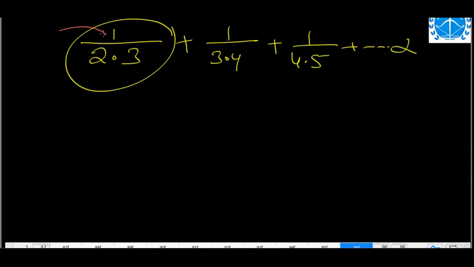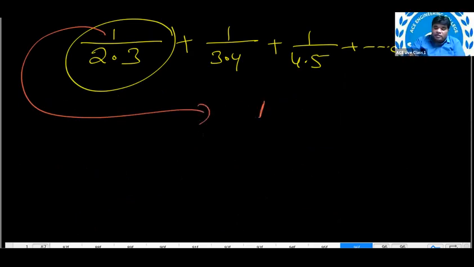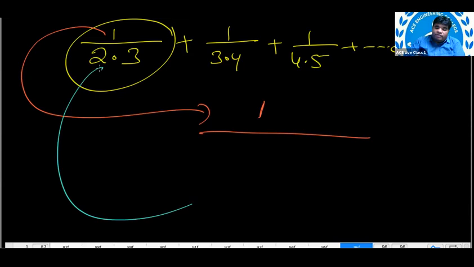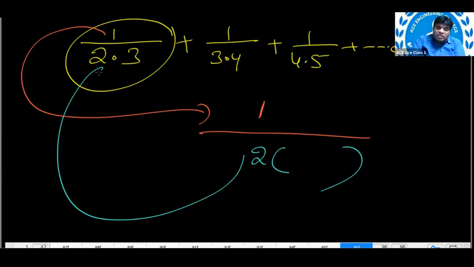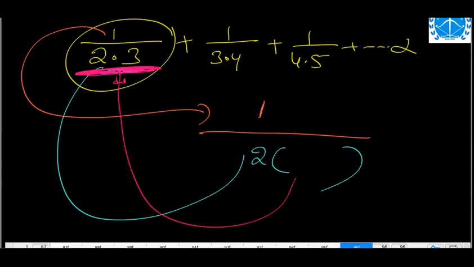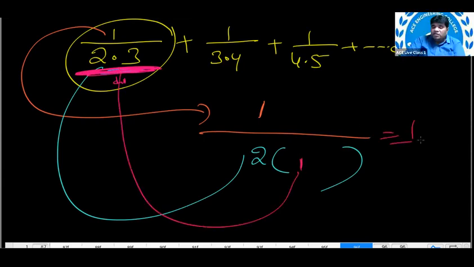In the first term, write the numerator as it is. For the denominator, write the first number. Next, in the denominator, the difference between these 2 numbers. What is the difference here? 1. That difference is kept here. Then 1 by 2 is the answer.